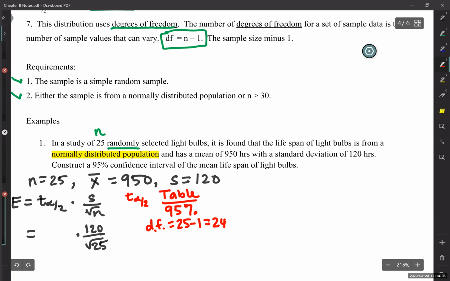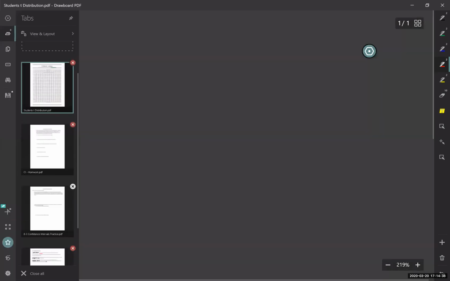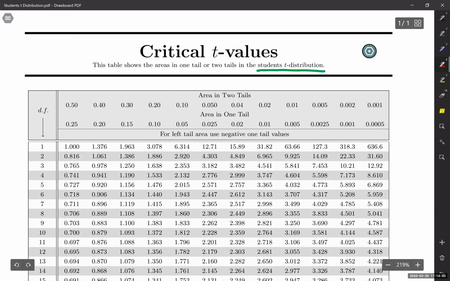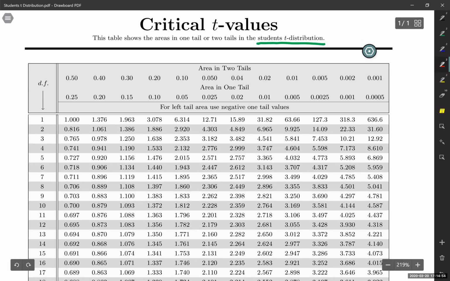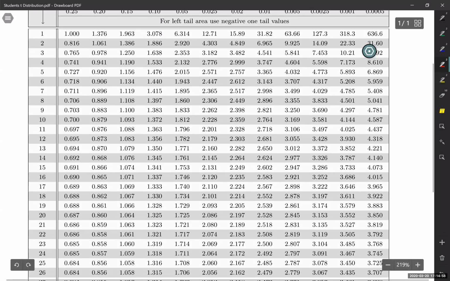So going over to that table, let's look at some things going on in this table. So I have the degrees of freedom right here on the left-hand side. And looking down, if you printed this, we have 1, 2, 3. It's going up by ones. And then keeps going up by ones.